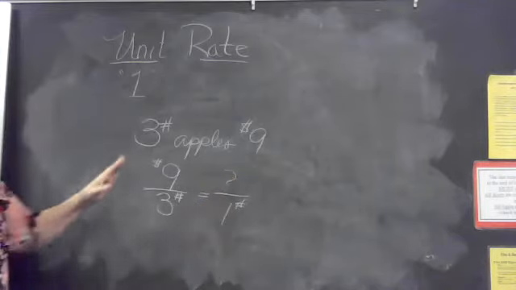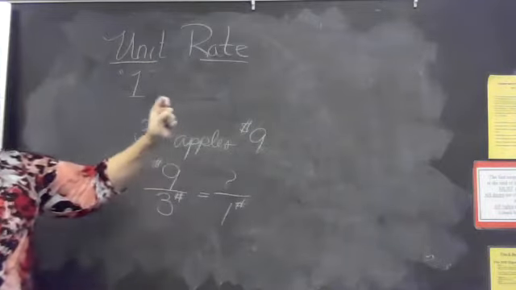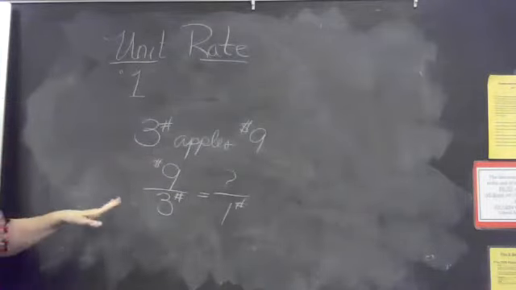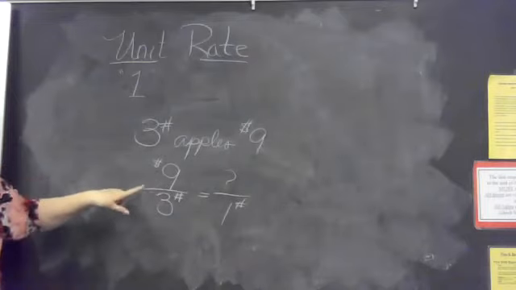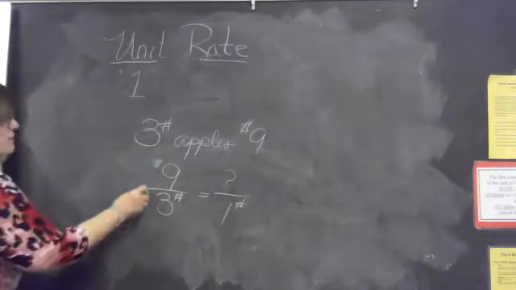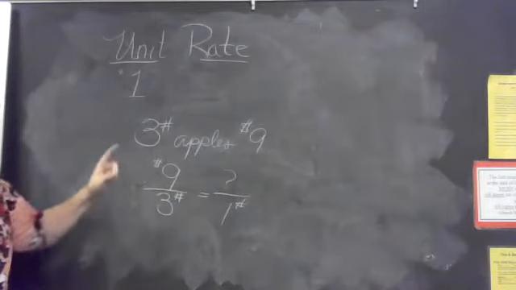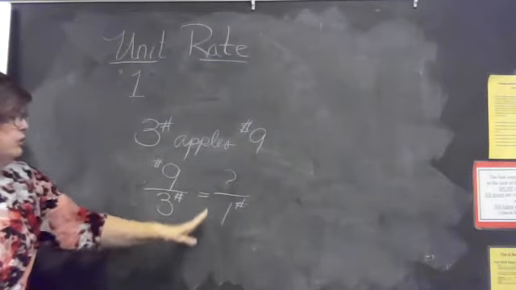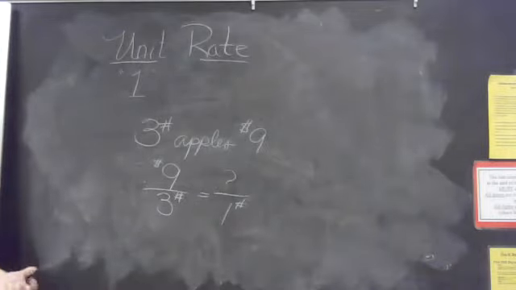If 3 pounds of apples cost $9, I want $3. And the reason that you got that is you divided 9 by 3, which gives us what 1 pound would cost. So when you get to the 1, then we know that's the unit rate, $3 a pound, okay?